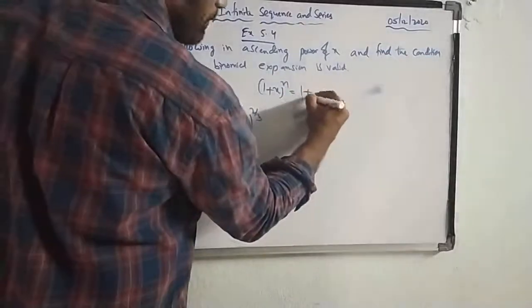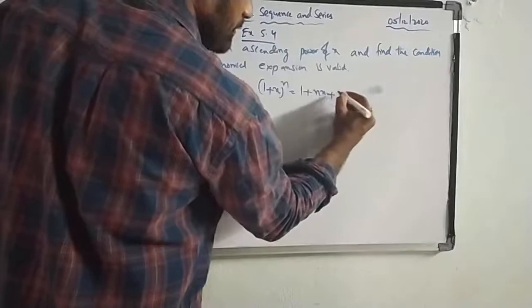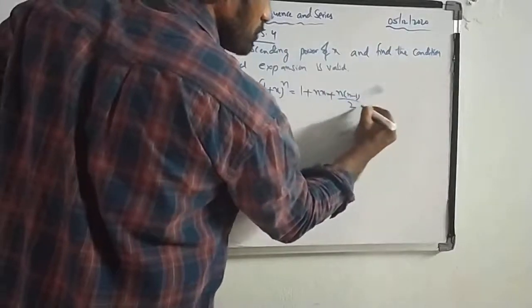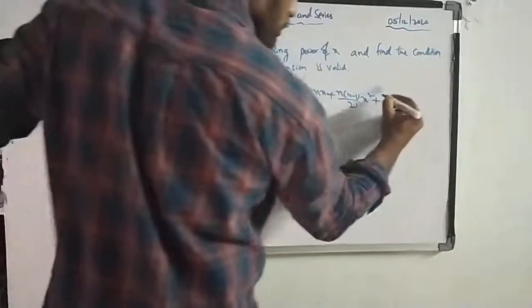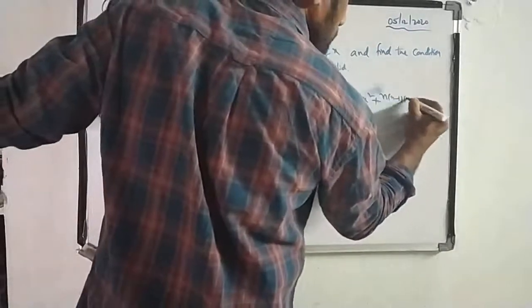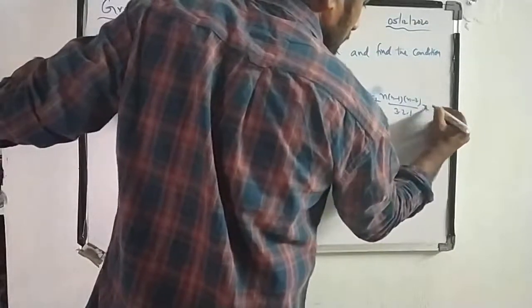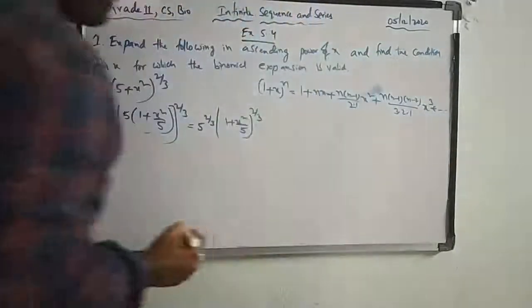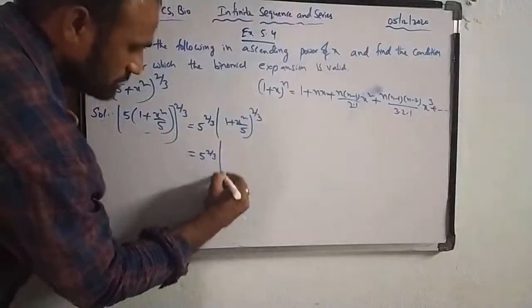This we know: 1 plus x whole to the power n is 1 plus nx plus n into n minus 1 by 2 factorial x square plus n into n minus 1 into n minus 2 by 3 into 2 into 1 x cube plus so on. So this is the format. 5 power 2 by 3 will keep as such.